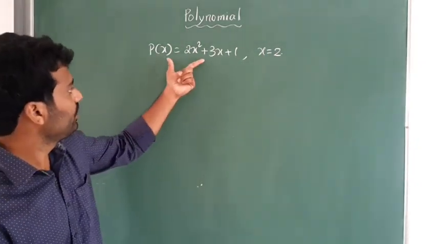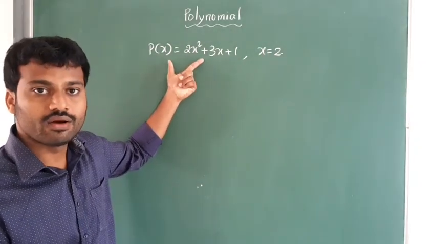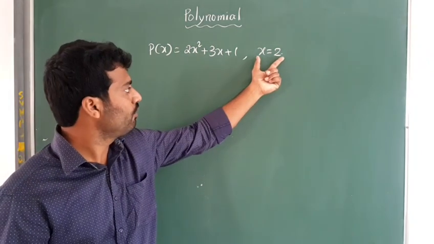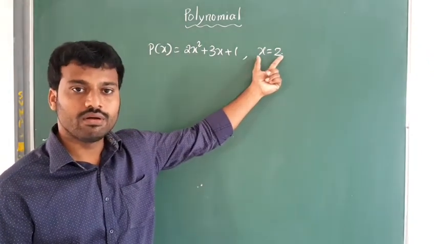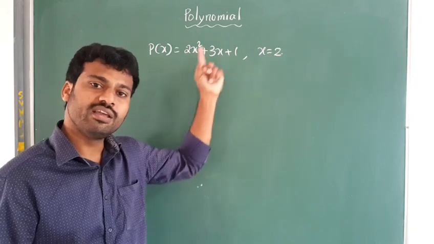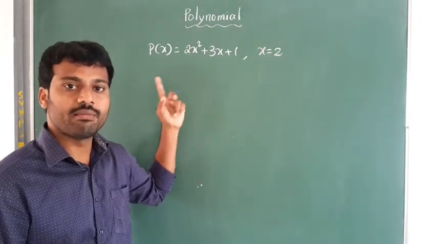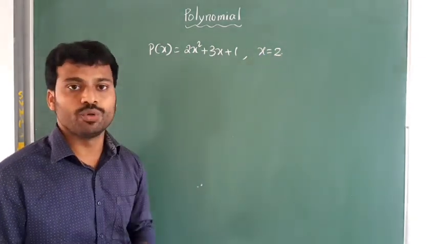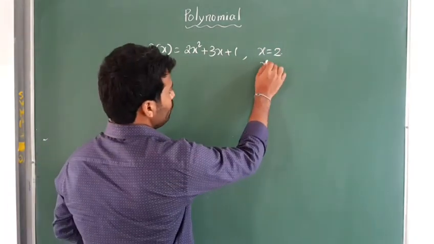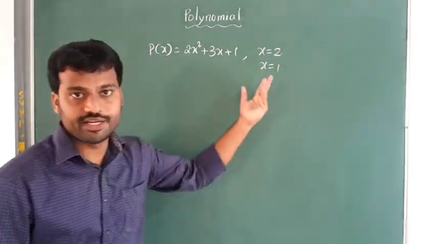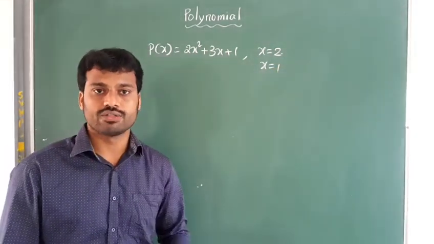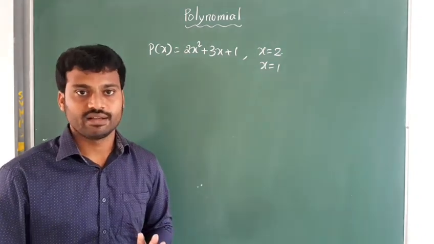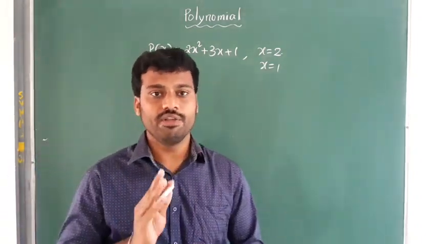See, they will give a polynomial like this. They will give a value for the variable also. They may ask to find out the value of this polynomial for x = 2, or x = 1, or a negative value also, or x = 0 also. They can ask anything. Clear or not? That is nothing but the value of the polynomial.